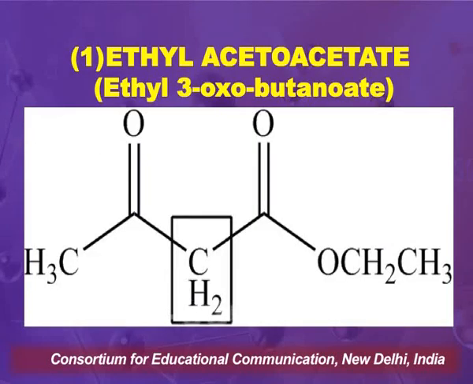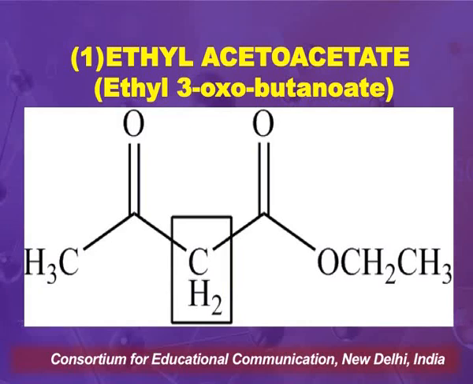Now let us look into some examples containing a methylene group. On your screens, you can see the structure of ethyl acetoacetate, which is also known as ethyl 3-oxobutanoate. Why is this known as 3-oxobutanoate? Because the longest carbon chain here has 4 carbons in it, derived from an acid, that is 1, 2, 3 and 4.